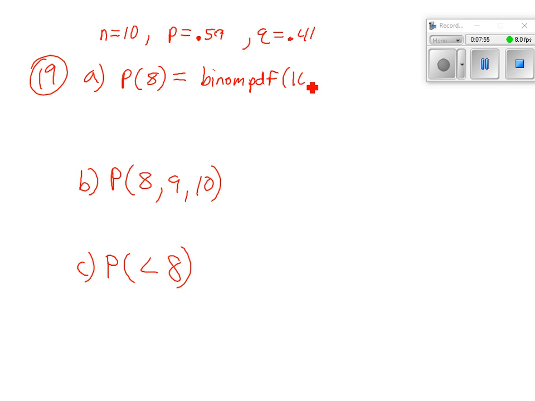So it's 10, 0.59, and 8. 0.111. So about 11%, there's about an 11% chance that if you pick 10 people at random, 8 of them are going to say that they are fans of baseball.